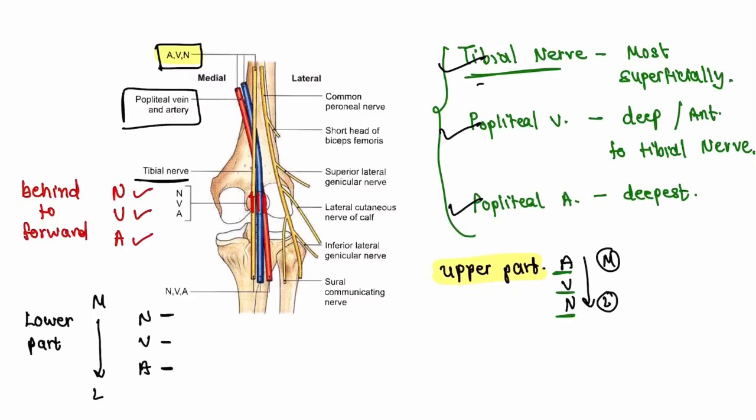In the middle part, as we go from behind to forward, there is nerve, then vein, and then artery. And in the lower part, as we go from medial to lateral, there is nerve, then vein, and then artery.